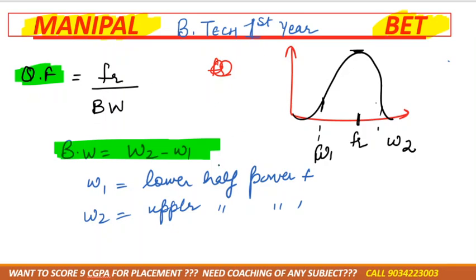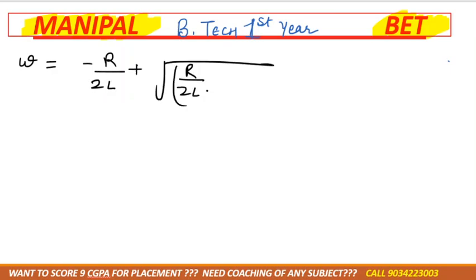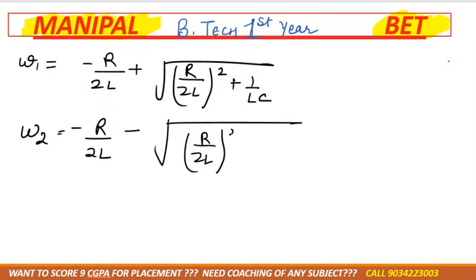We have separate formulas for W1 and W2. Again, you don't need to do the derivation, you just need to remember the formula. Omega 1 is minus R by 2L plus root of (R by 2L) whole squared plus 1 by LC. Omega 2 is R by 2L plus root of (R by 2L) whole squared plus 1 by LC.